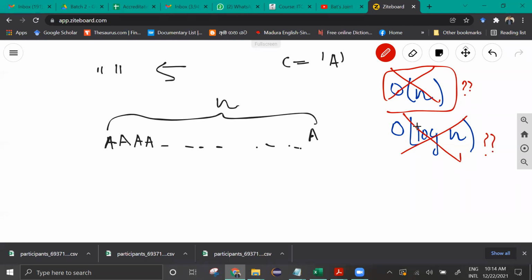So any other answers? Now we have many other values like big O 1, log n, n, then big O n squared. Oh no, so we have n log n, big O n squared, and so on.